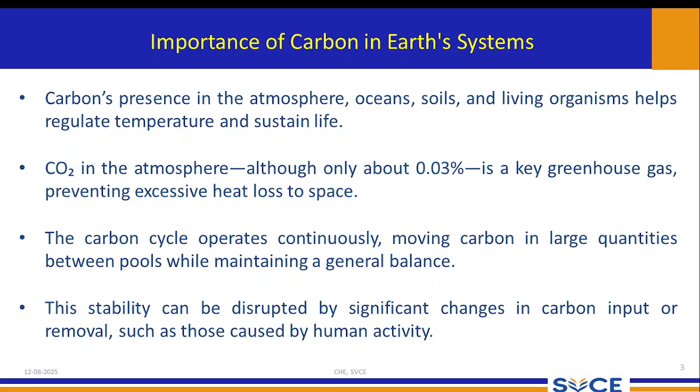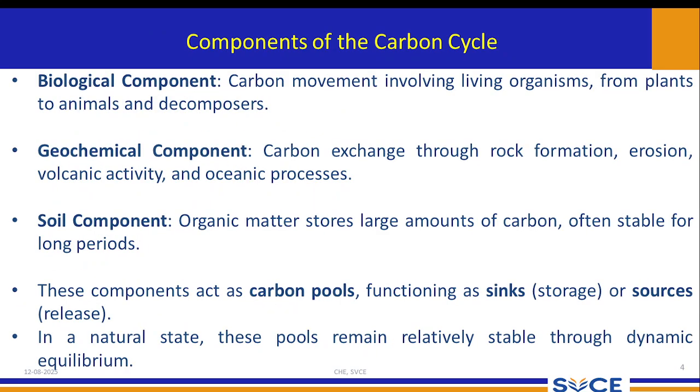The carbon cycle operates continuously, moving carbon in large quantities between pools while maintaining a general balance. This stability can be disrupted by significant changes in carbon input or removal, such as those caused by human activity. Components of the carbon cycle: biological component, geochemical component, and soil component.